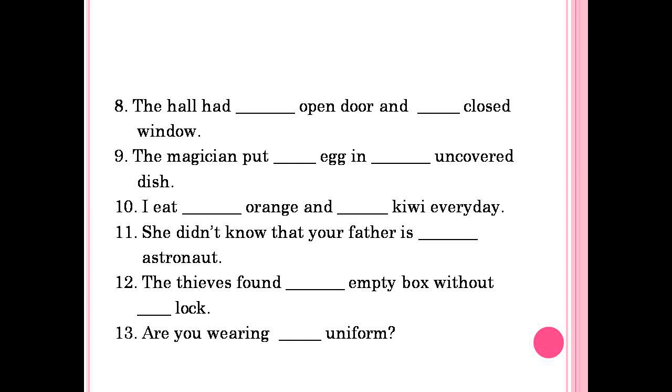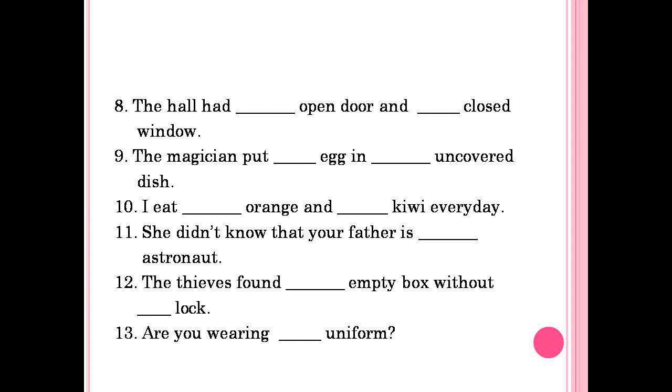Number 10. I eat dash orange and dash kiwi every day. Orange is beginning with an O sound, and kiwi is beginning with a K sound, which is a consonant sound. So, I eat an orange and a kiwi every day.